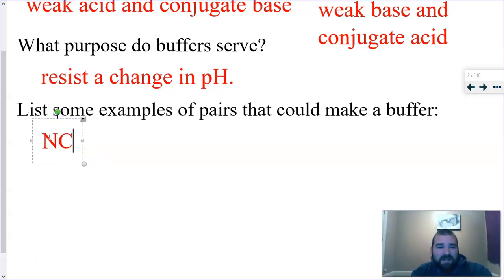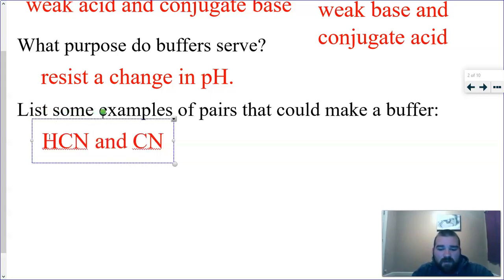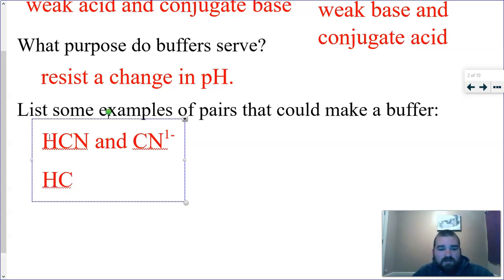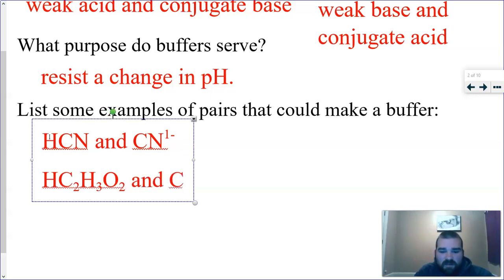But here are some examples. I could use HCN, which is hydrocyanic acid, and of course CN⁻, that's its conjugate base. I could use HC2H3O2, which is acetic acid, and its conjugate, which would be C2H3O2⁻ as well.